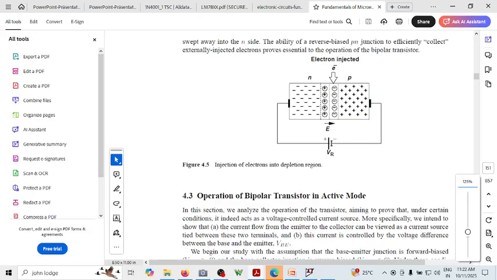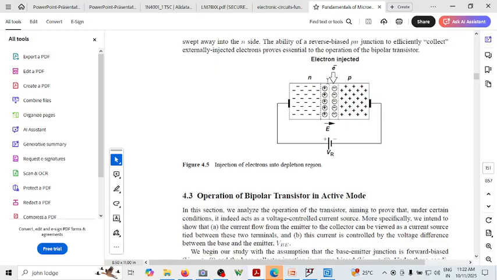Can you see we have minus connected to p and plus connected to n. So this is a reverse bias condition. Under this reverse bias condition, if you have an electron emitting into this, let us see what happens to that. Now why are we interested in seeing this type of p-n junction and injecting an electron?